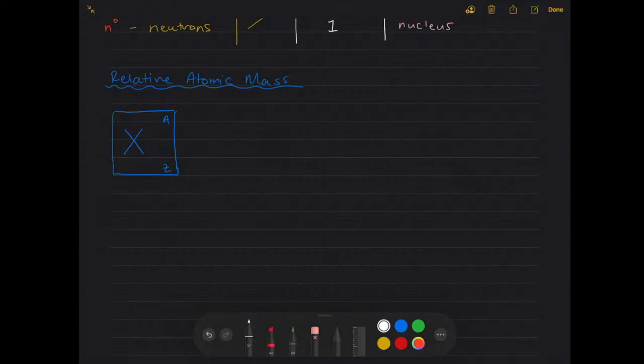Now, it's important to note different periodic tables will have different variations of the numbers. Some of them will have Z at the top, some of them will have A at the bottom. What do I mean by A, Z, and X? If I just go ahead and give you the general format for the periodic table, this is what it looks like.